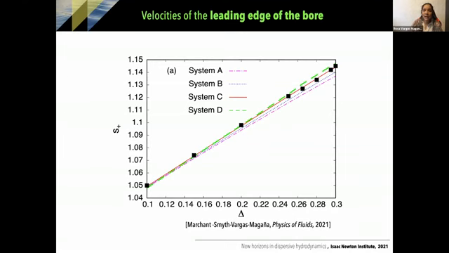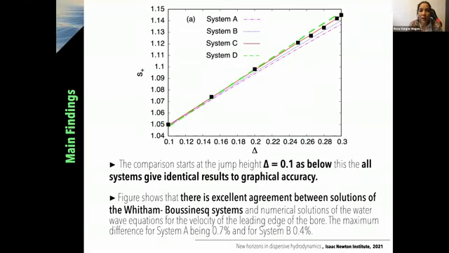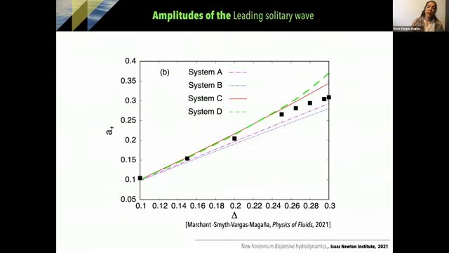We see that there is a very good agreement on the Whitham-Boussinesq system, and below the initial jump of 0.1, the agreement is okay for all the systems. And these are the results we got for the amplitudes of the leading solitary wave.